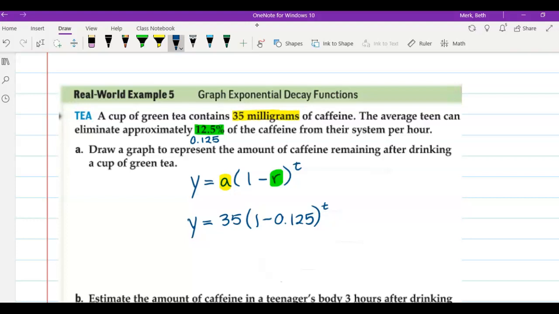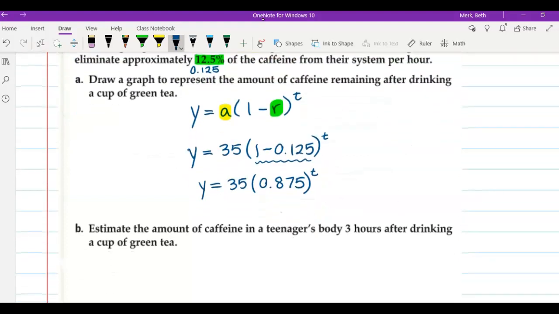To the t. And then we could simplify what's in the parentheses here. Y equals 35, 0.875 to the t. Then it says, estimate the amount of caffeine in a teenager's body 3 hours after drinking a cup of tea. Notice that this is caffeine from their system per hour, so I know T represents hours. So if I want to figure this out, all I have to do is put 0.875, and I'm going to put a 3 for my time.